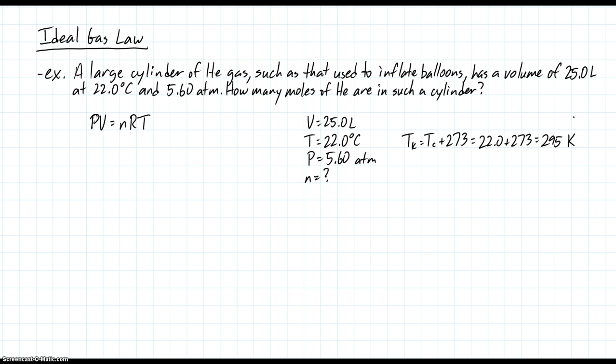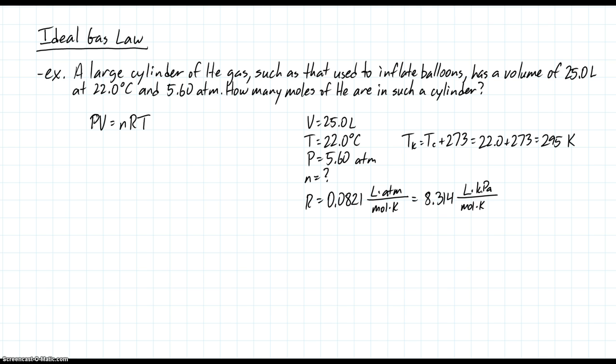this helium gas. Our pressure is in atmospheres, and then remember that we have two possible values of the ideal gas constant. One is 0.0821 liters times atmospheres over moles times kelvins, or 8.314 liters times kilopascals over moles times kelvins.